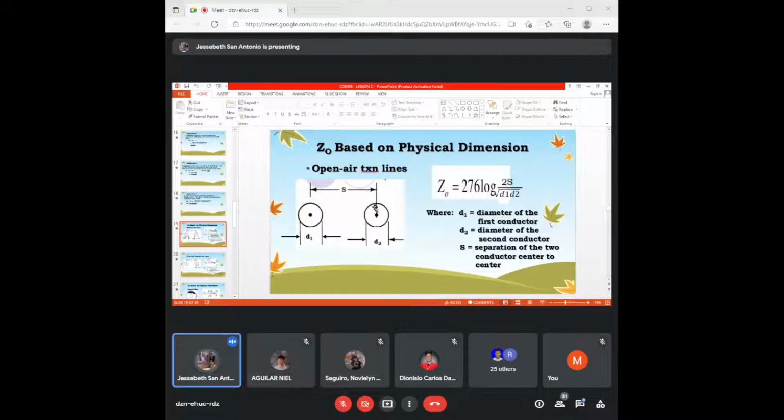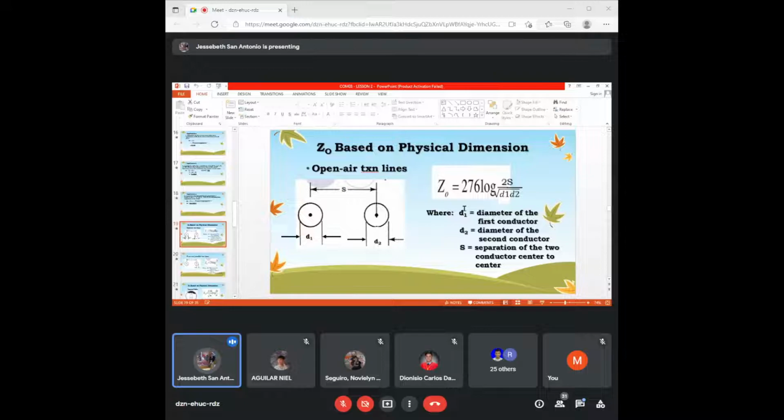Pareha sila ng diameter, ha? Hindi pinag-iiba yan. Hindi pwedeng ito ay gauge 12, itong isa ay gauge 18. Hindi pwede. Kung gauge 18 parehas. Hence, the diameter are the same, right?